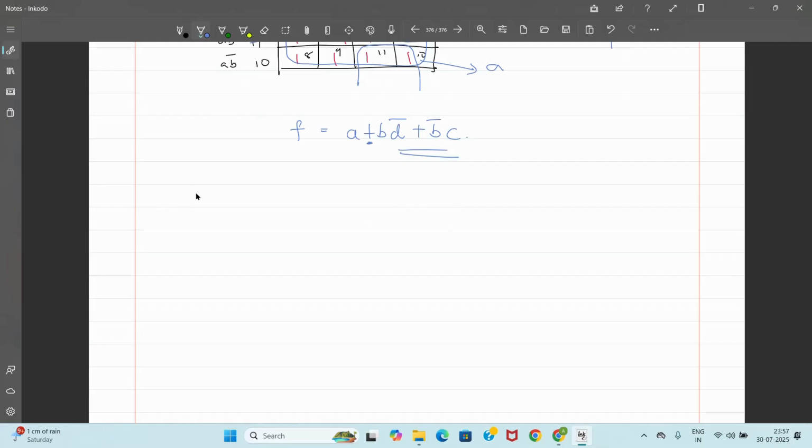Till now, we have seen the equations where they had given you the question in terms of min terms. The numbers were directly mentioned. But if at all they give you a problem where instead of giving the min term notation, they give you an equation like this, then how do you solve it using K-map?